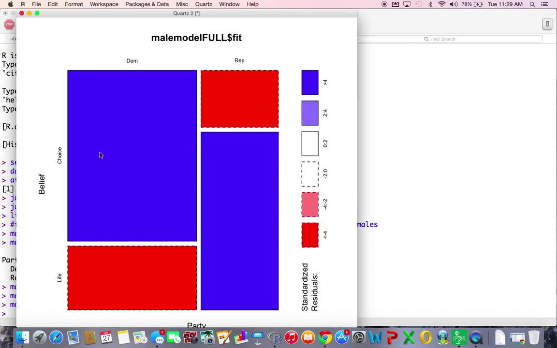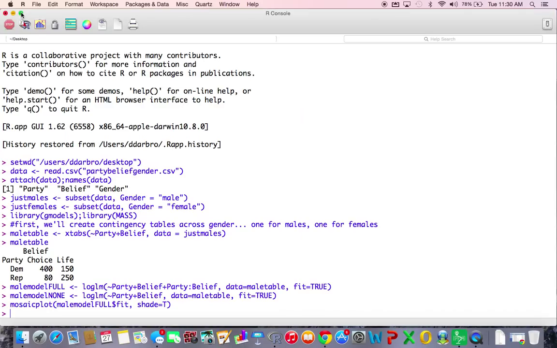So the observed cell count for those who were Democrat and pro-choice is more than we would have predicted under no relationship. We saw this in the standard chi-square, but now we're getting a picture, and we're examining this just across males.